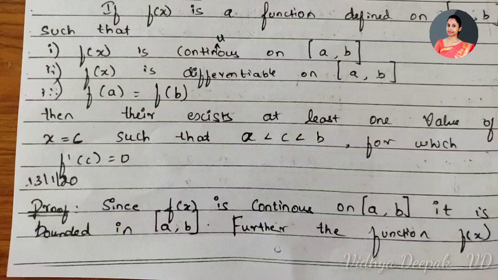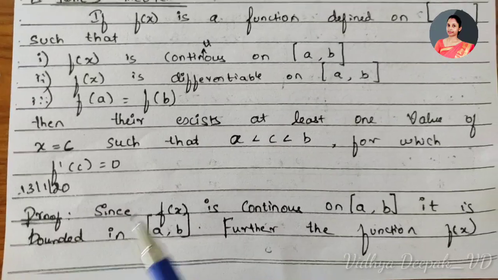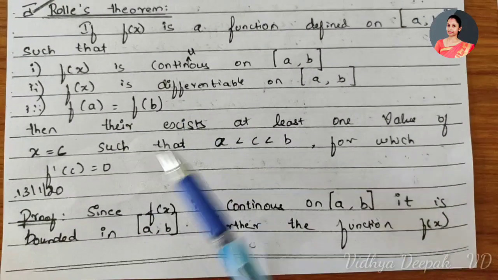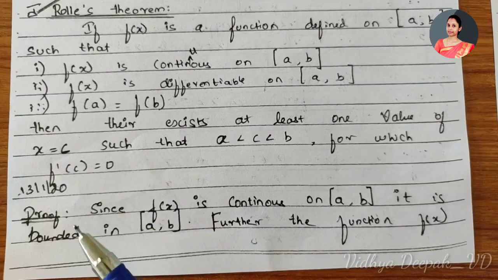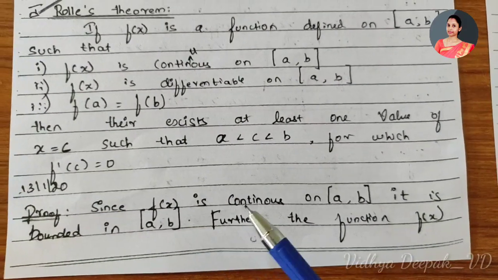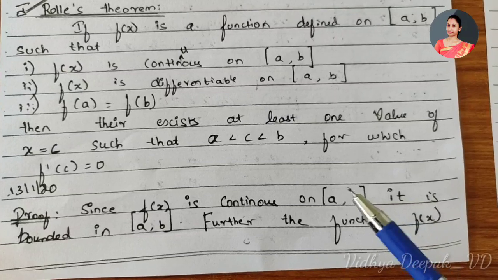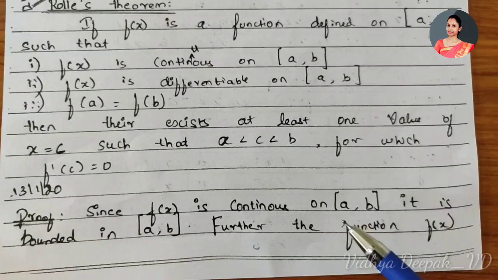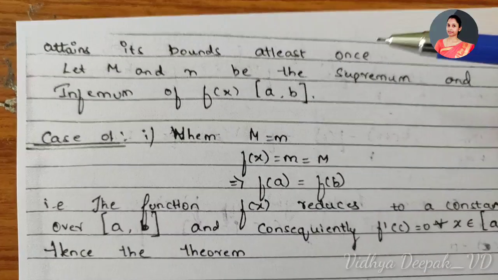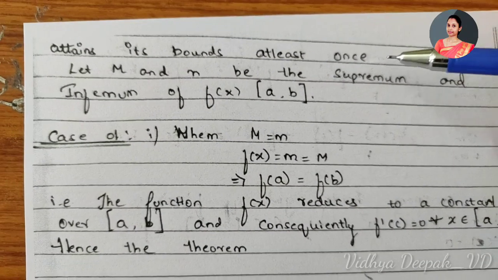Now let's see the proof of Rolle's theorem. I hope you understood what Rolle's theorem is and how we are implementing this in the problems. Proof: since f of x is continuous on this closed interval, it is bounded in the closed interval a comma b. Further, the function f of x attains its bounds at least once.